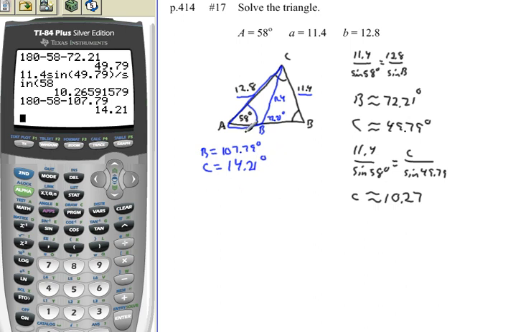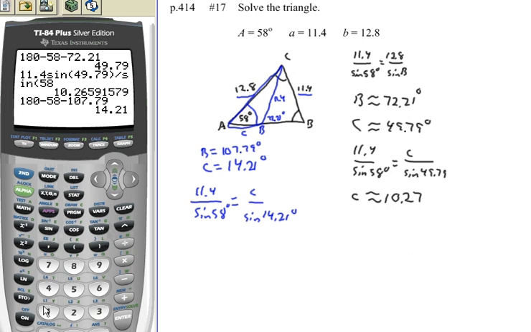Now the last thing I need is the new side C, which is down here. And we can use the law of sines to find that. I'm going to take any side that I know over the sine of the opposite angle. So let's go with 11.4 over the sine of the opposite angle, the sine of 58 degrees. And that's equal to side C, which we're looking for, over the sine of the new angle C, which is 14.21 degrees.